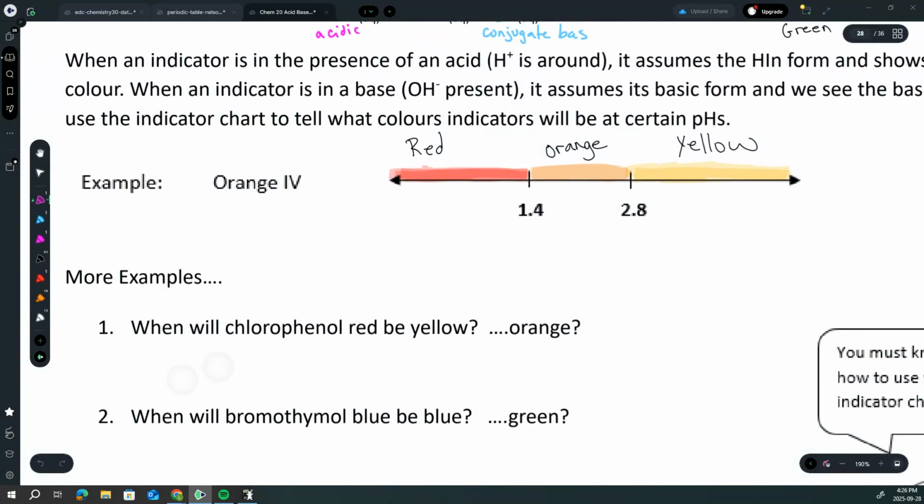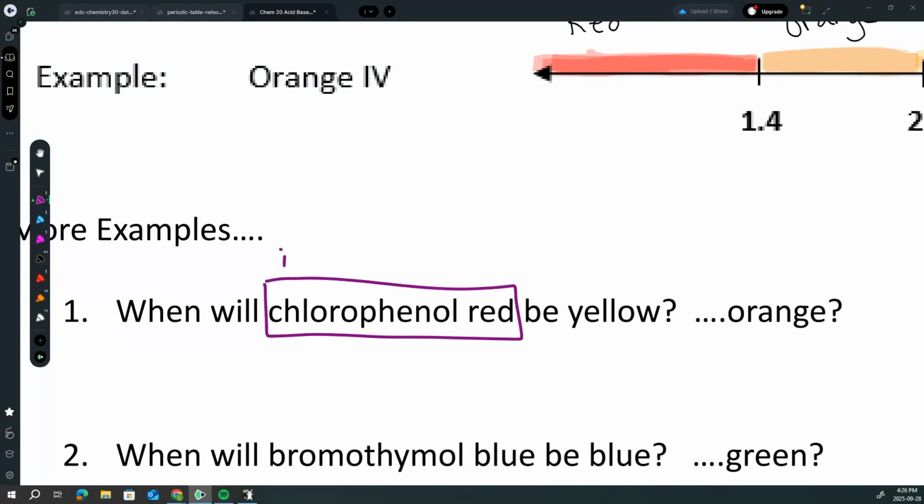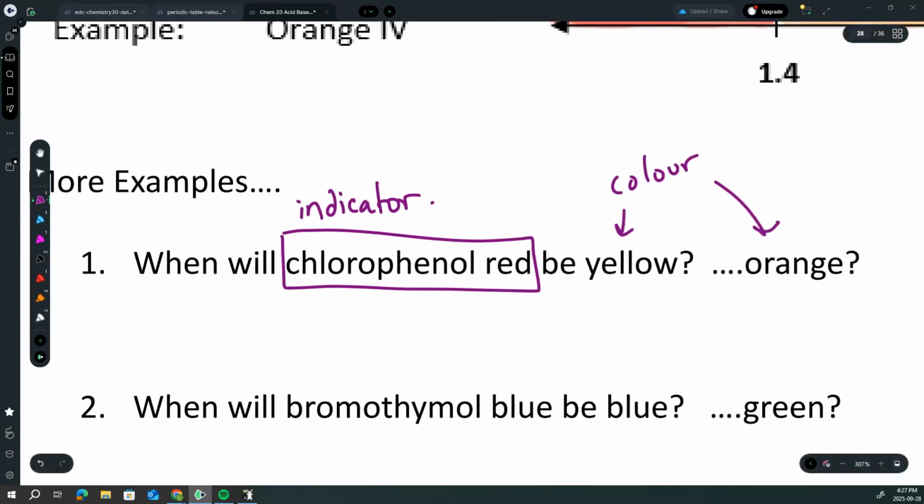So let's just break this down here. Chlorophenol red is the name of the indicator, and then these are going to be the colors. So chlorophenol red is going to be yellow at a pH of 5.2 and below. I'm going to start visualizing this.